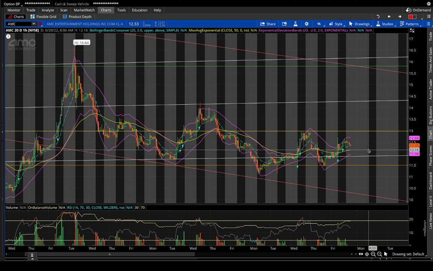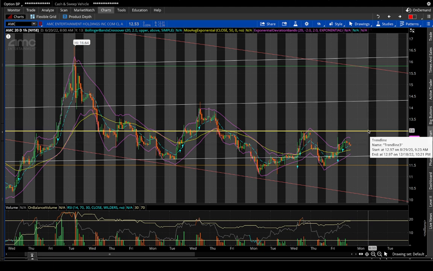I could see us dipping down to like 1215, or if they want to, all the way down to like 1190, 1195 range, before we start moving up. But if markets open green, I think we go up and test that $13 mark in a hurry.